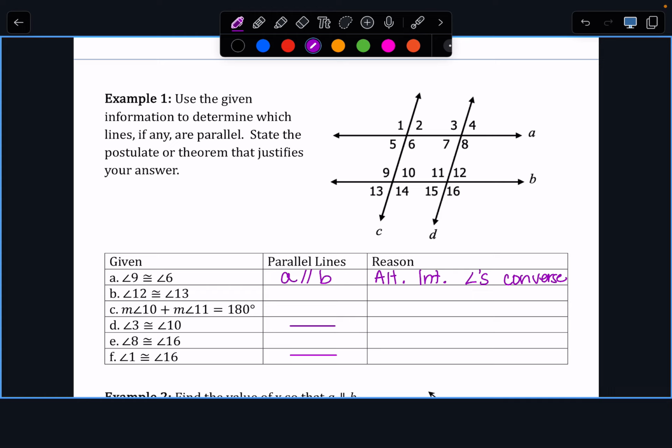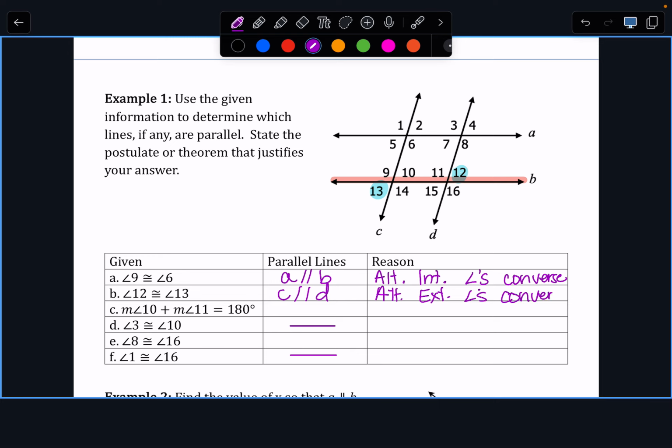Okay. So then, how about 12 and 13? 12 and 13, who's the transversal? B, which means which lines are parallel? So C is parallel to D because, did you write alternate exterior angles converse?